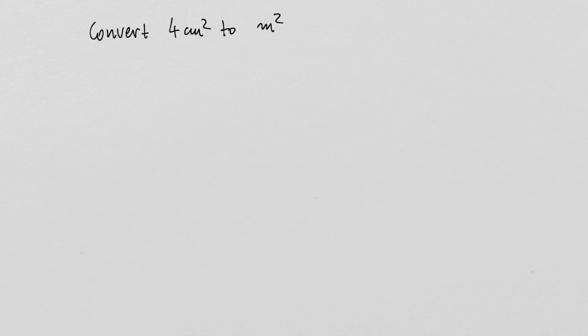So let's convert 4 square centimeters into square meters. We know from the previous slide that 1 square centimeter is equal to 1/10,000th of a square meter. So I can rewrite this as 10,000 square centimeters are equal to 1 square meter. And so I'm going to use this relationship to create my conversion factor.